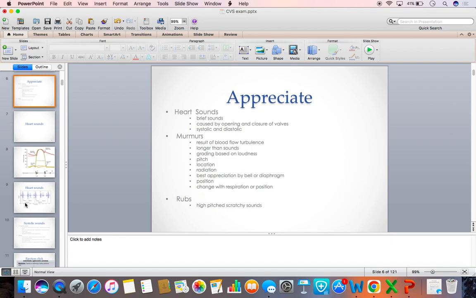They are longer than the sounds, and they have grading based upon the loudness, the pitch, which depends upon the velocity of flow of blood, the location of the murmur, radiation, etc. You should also appreciate rubs, which are high-pitched, scratchy sounds.